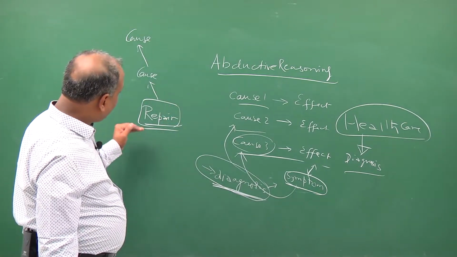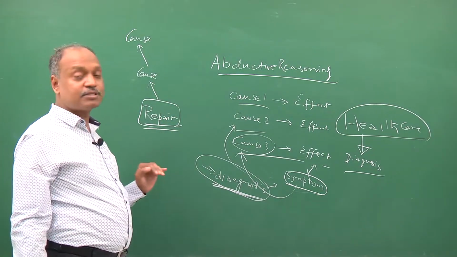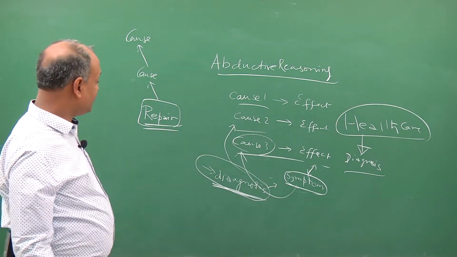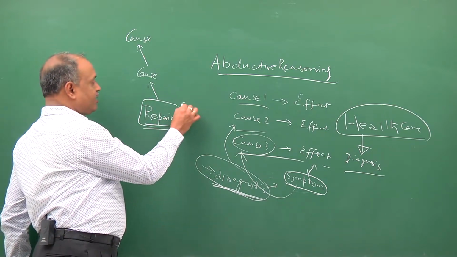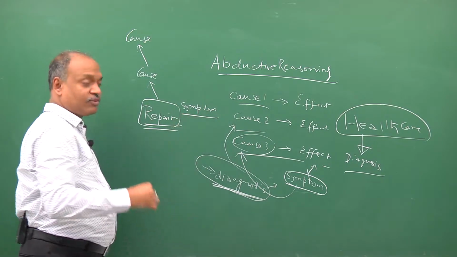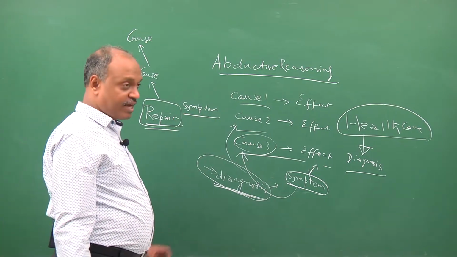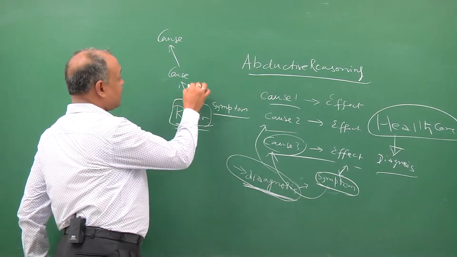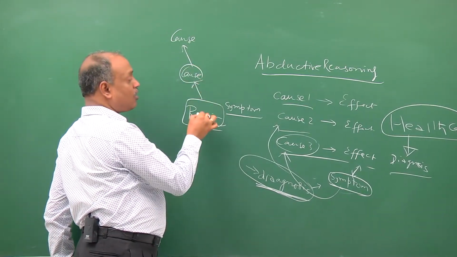So in the context of repair-based use cases of abductive reasoning, we usually try to identify the symptom which is usually some kind of a fault or visible fault which you observe, and then you try to do an identification of what's the possible cause.